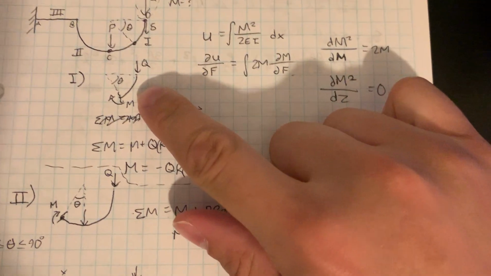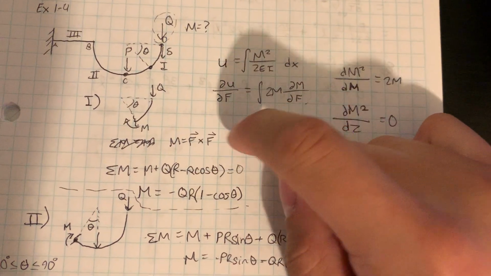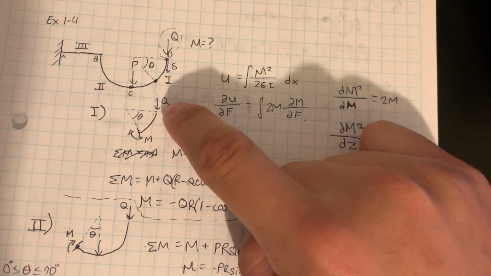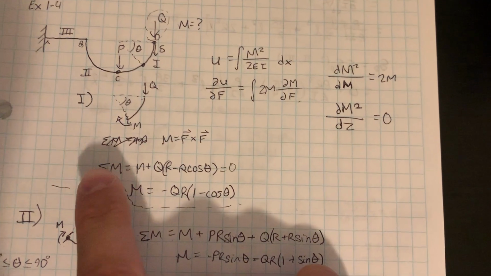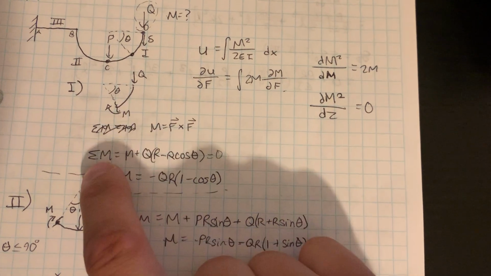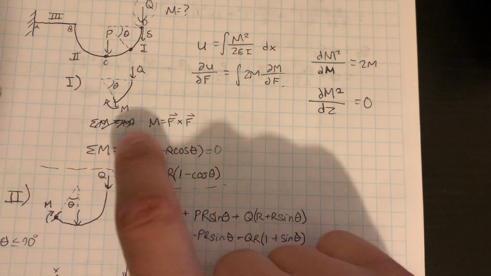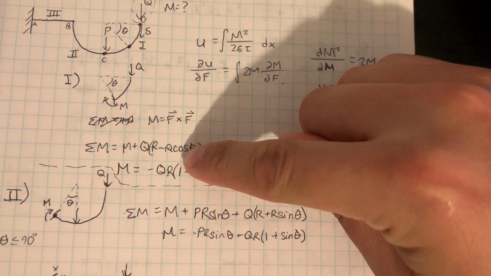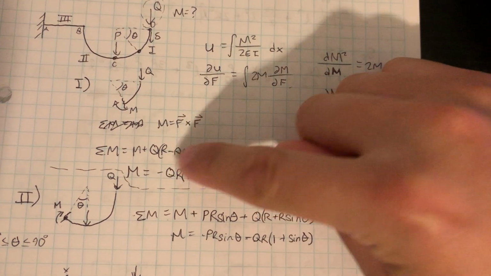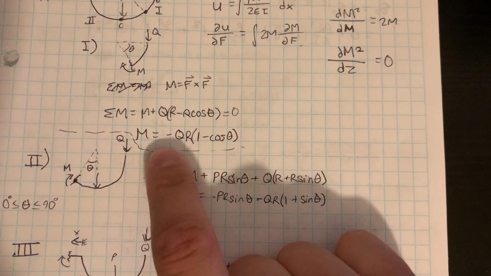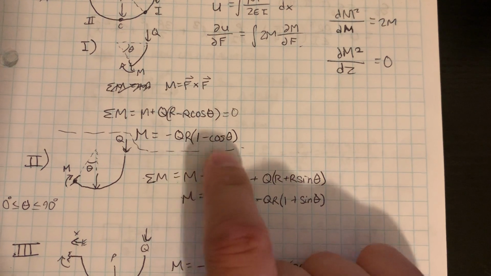Okay, we look at section 1, and we have this moment here and our fictitious force Q. We sum the moments; the sum of moments is 0. M plus Q times (R minus R cosine theta), which is the moment arm there, equals 0. So we have M equals negative QR times (1 minus cosine theta).